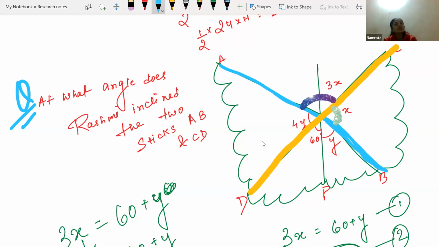So here just the question and the figure are given. Since it is said, at what angle does Rashmi incline the two sticks AB and CD.